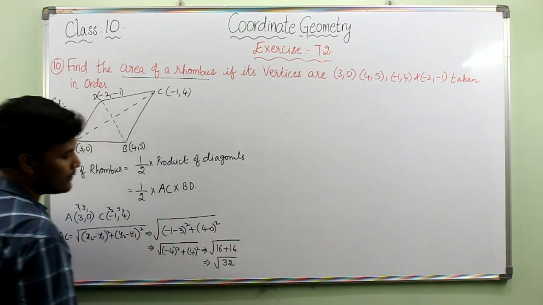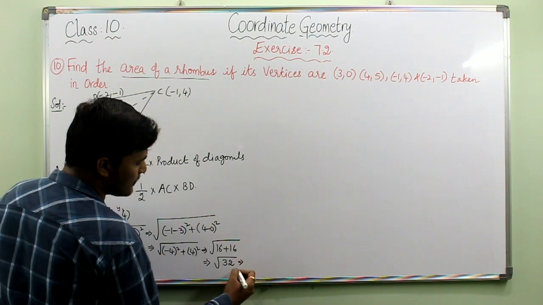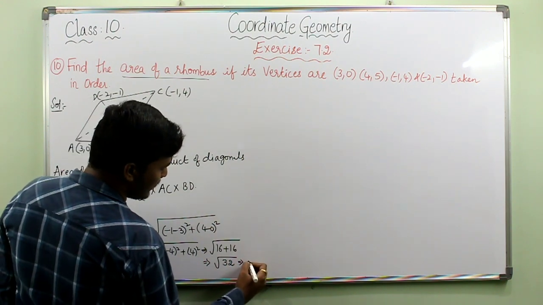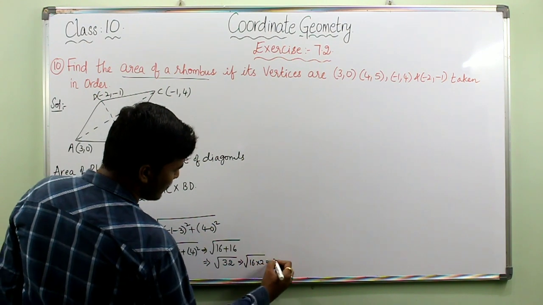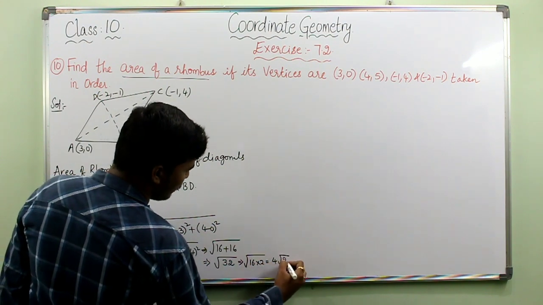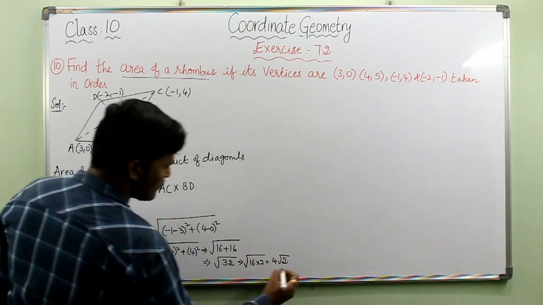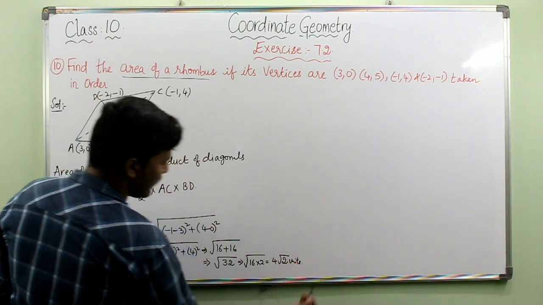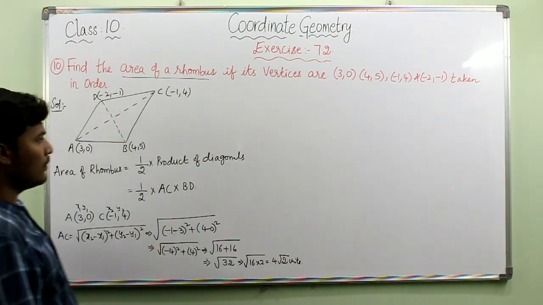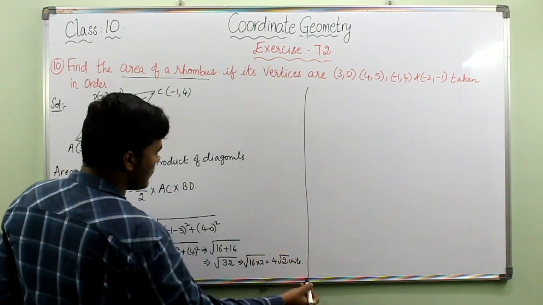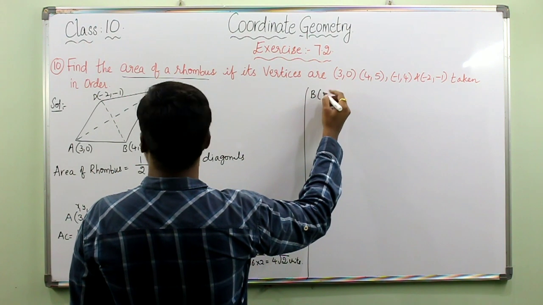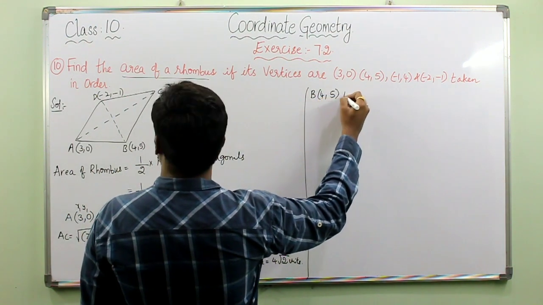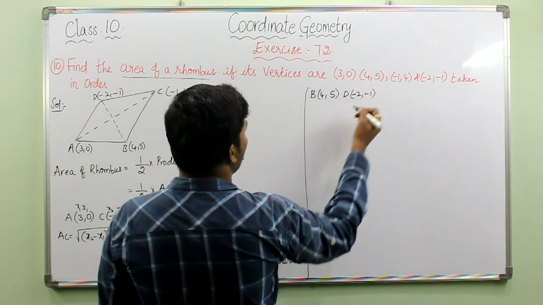We can write it as 16 into 2. If I bring 16 outside, I'll get 4 root 2 units. So this is the distance of A to C. Now let us find the distance BD by considering the B point, that is 4 comma 5, and the D point, minus 2 comma minus 1.